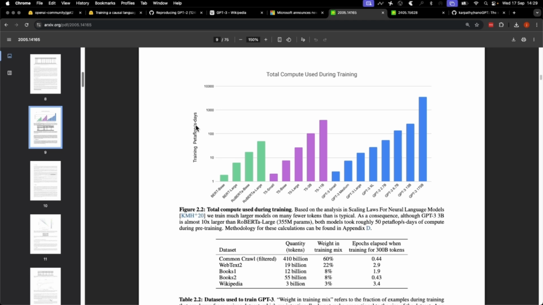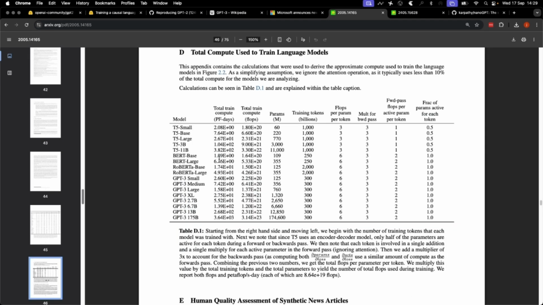FLOPS is just floating point operations per second, and peta means you multiply by 10 to the 15th power, which is a huge number, and then you multiply by per day, that's 24 hours. You can see the detailed calculation on this page. You see this table, these numbers, it's just very huge, right? It's barely possible to train GPT-3 on a commercial computer. I don't think it's doable.